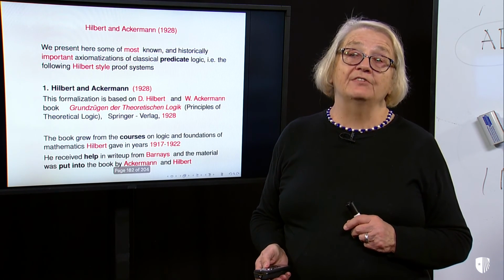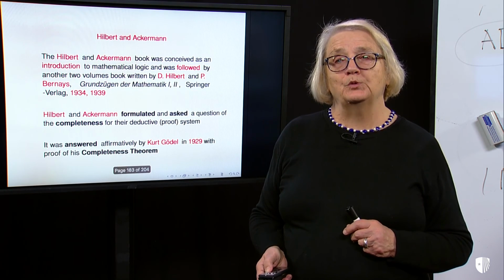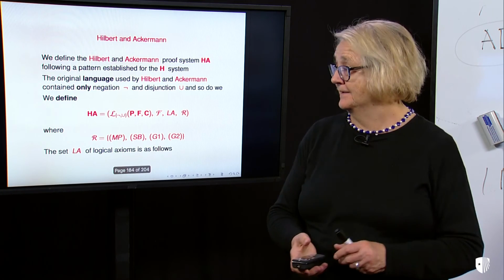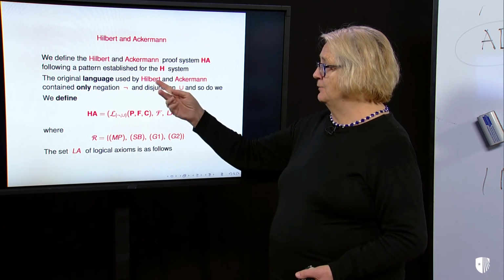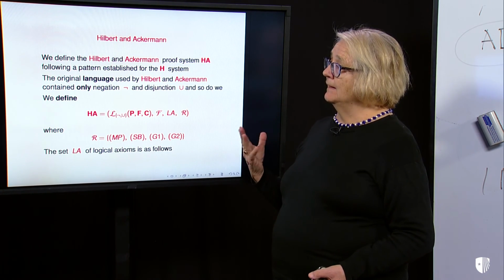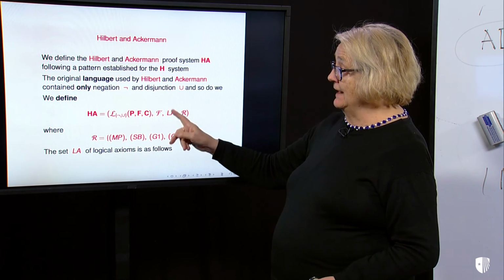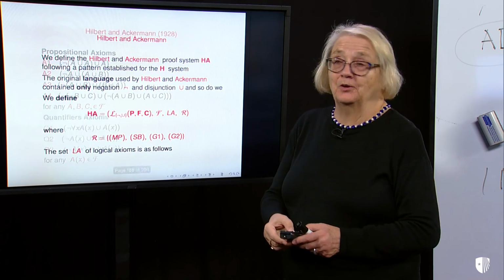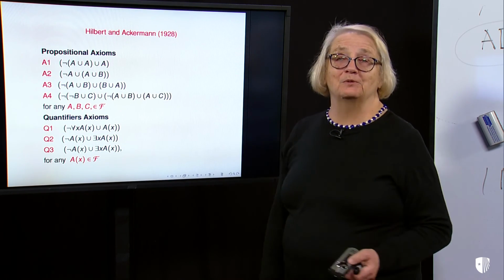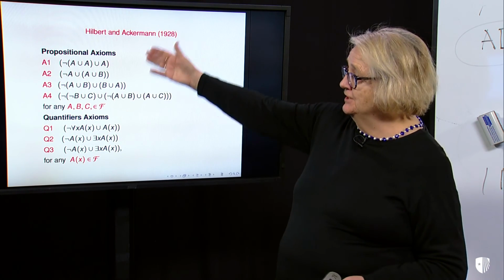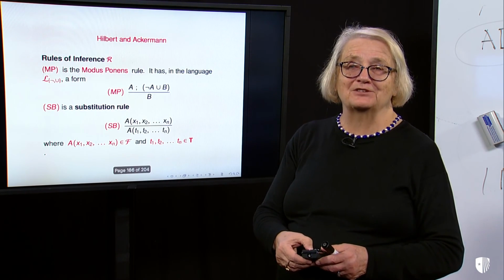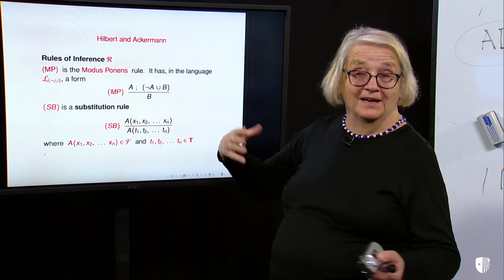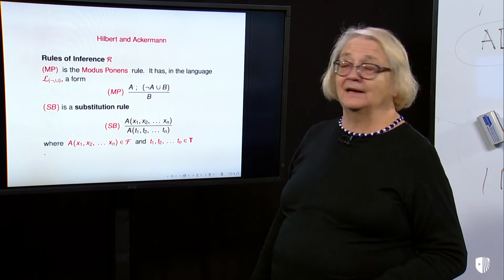And also we have different axiomatizations. I just put some of them here, like Hilbert-Ackermann. They built the language with only disjunction and negation, so the whole axioms, including the quantifier axioms, were only with disjunction and negation. That works with modus ponens, because A implies B is logically equivalent in the classical case.